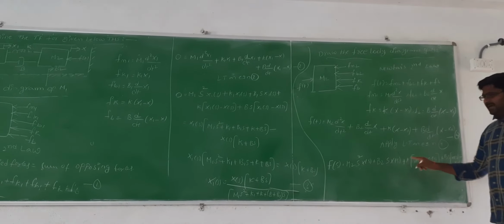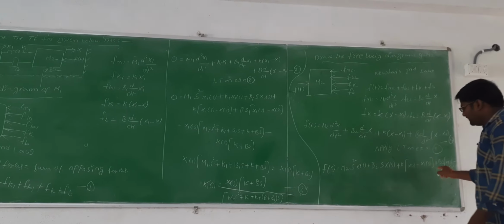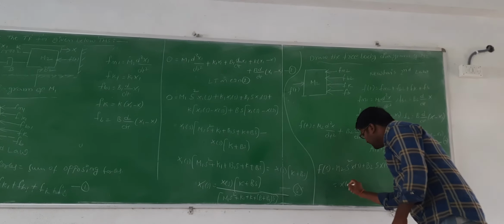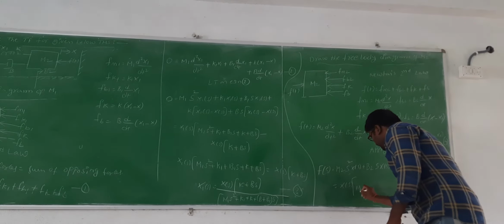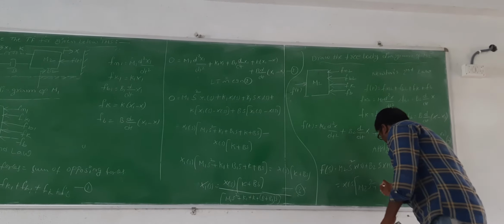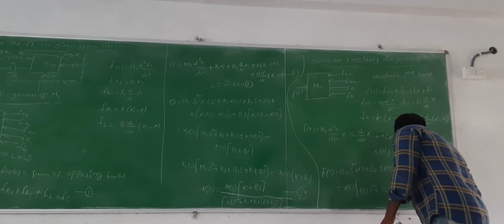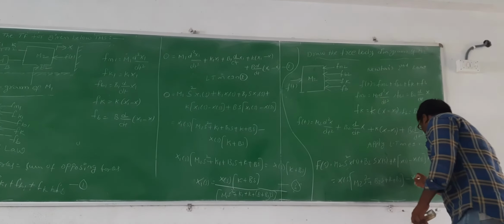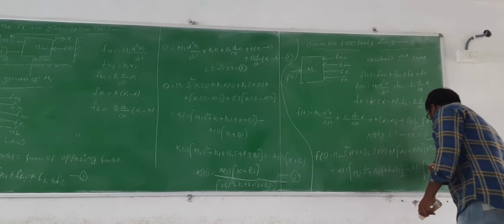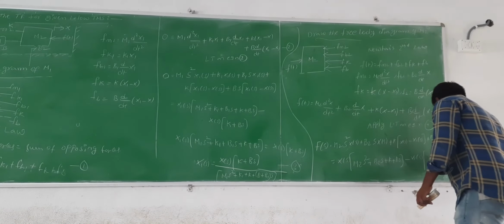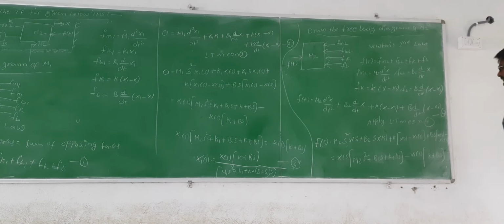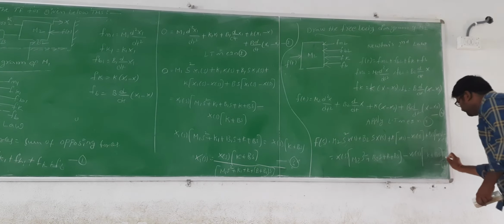So separate the terms, X(s) terms and X1(s) terms: X(s) into (m2 s² + b2 s + k + bs) minus X1(s) into (k + bs). This is the fifth equation.